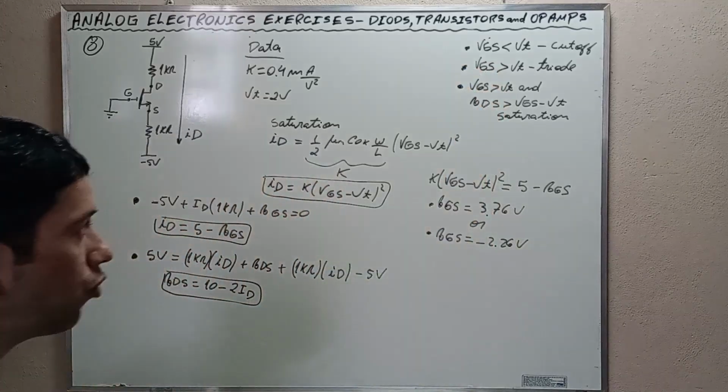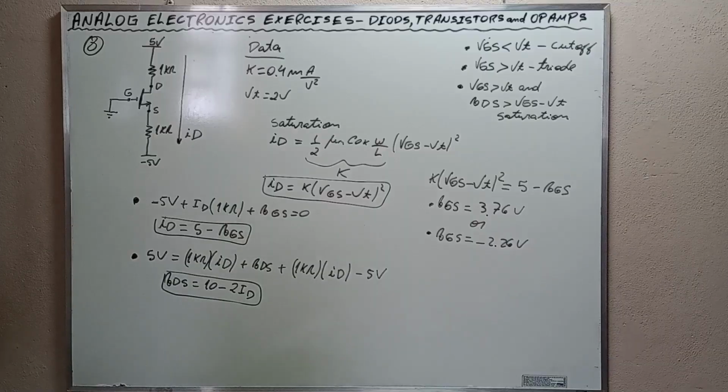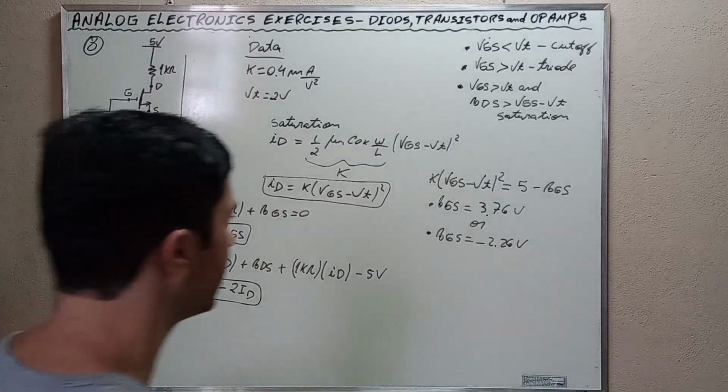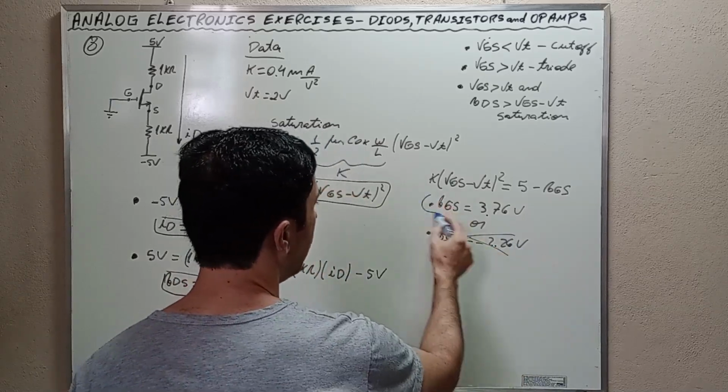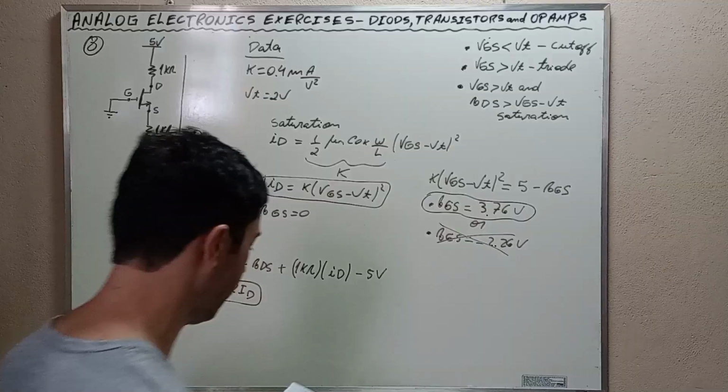We assumed saturation, and in the saturation region of operation, VDS has to be greater than VGS minus Vt. As Vt is 2 volts, the only solution that satisfies this condition is 3.76. Then this is not correct. The only correct is this expression here.